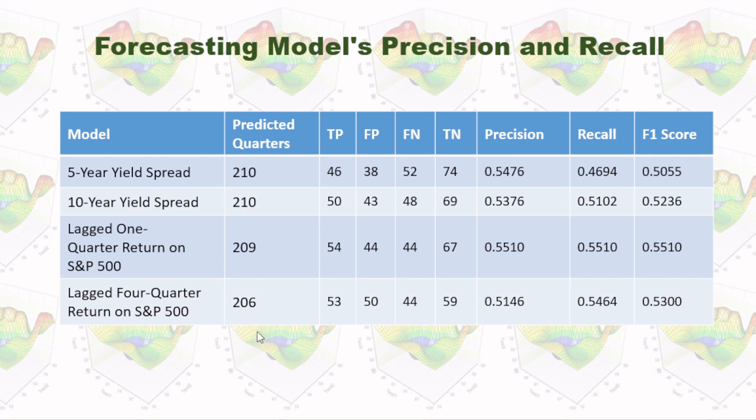So for my model, for economic growth forecasting, using the S&P 500 produces a more accurate prediction than using the 5-year yield spread or 10-year yield spread.